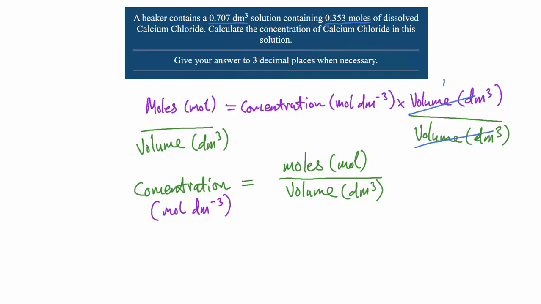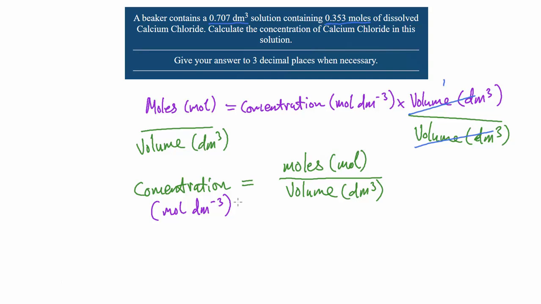So from this point, let's just look at the units as well. This equation is in terms of dm³. We can see here that we've been provided the volume in dm³. So it plugs quite straightforwardly into the formula.